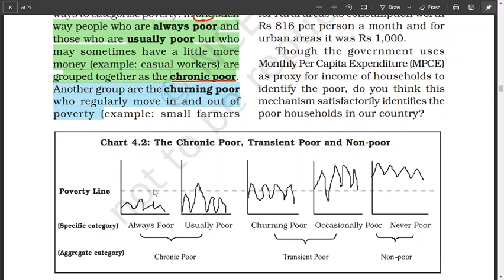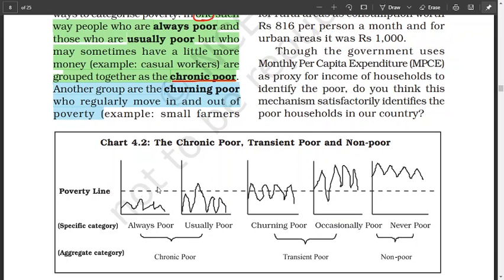See this graph here, the graph on the poverty line. This line is a poverty line that explains if you are below, you are in poverty. If you're above, you are above the poverty line. So in the first category of chronic poor, you have always poor. They never touch the line. That means they are always poor no matter what. They can't get the opportunity to raise their level to reach that line.